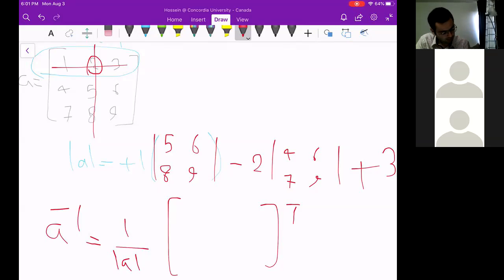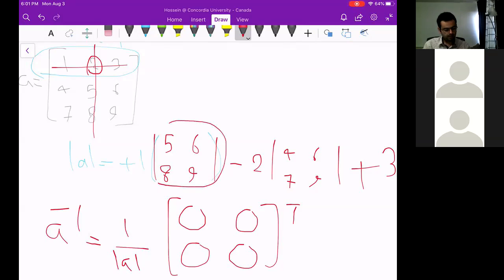Each entry in the adjunct matrix is, for example, the determinant of its minor, suppose it's 5. 5 will go here.